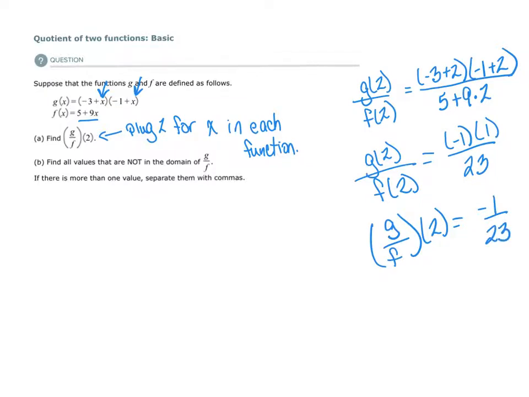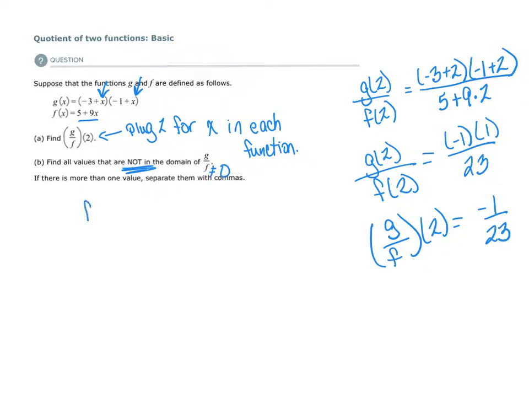Now, there's a second part of this problem. Find all values that are not in the domain of g over f, or g divided by f. Whenever we are dividing, or whenever we have a fraction, our function f cannot be 0.